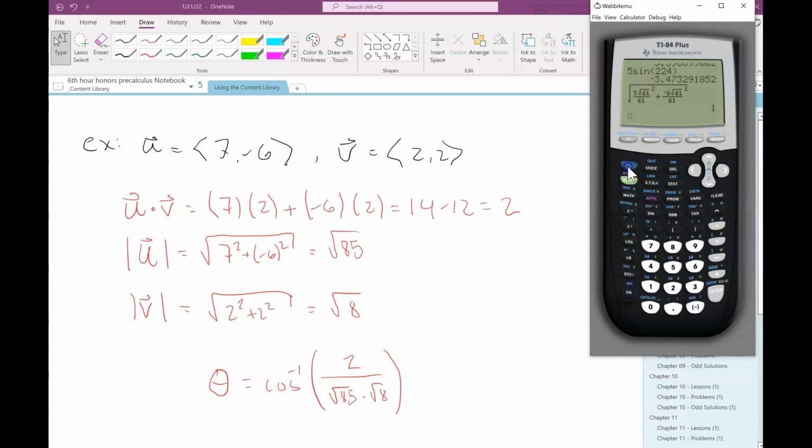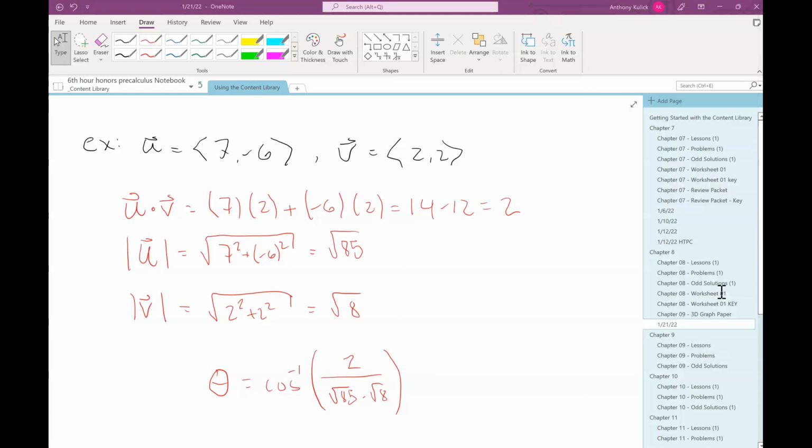My calculator doesn't care if the radicals are simplified or not, and nobody needs to see that as part of my final answer, so I'm not going to do it. So I get 85.6 degrees when I type that in.